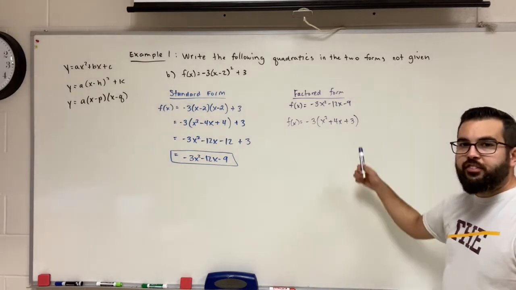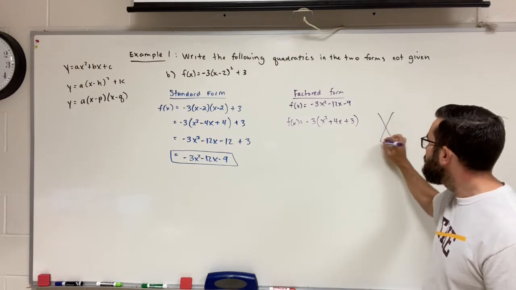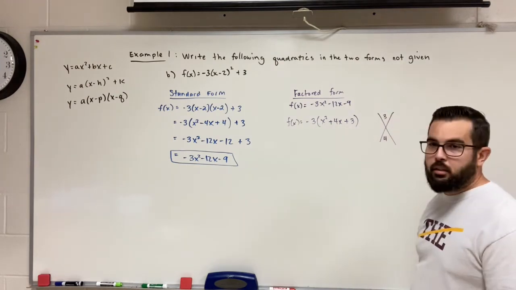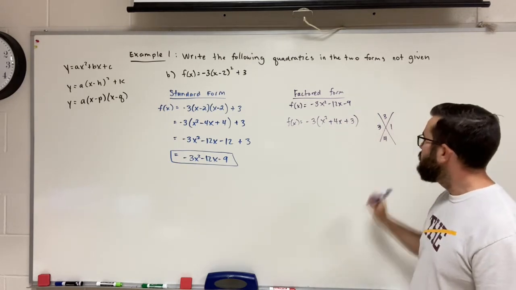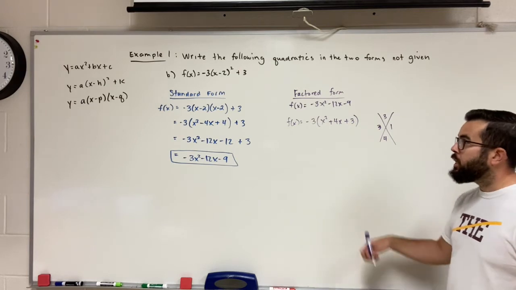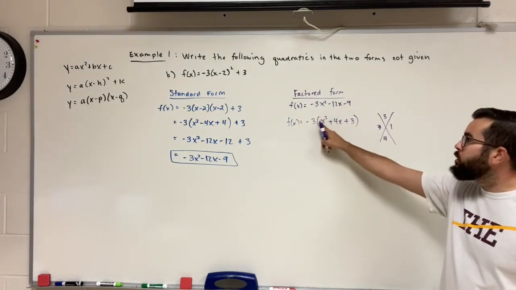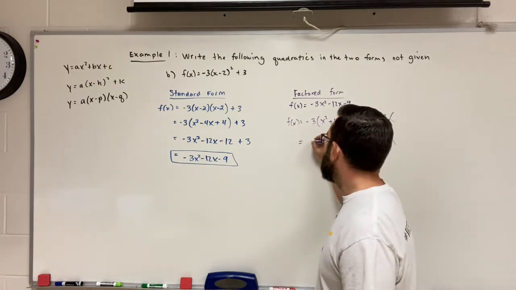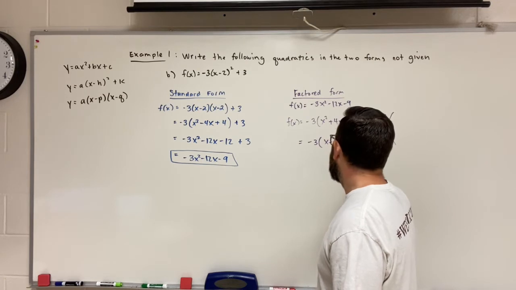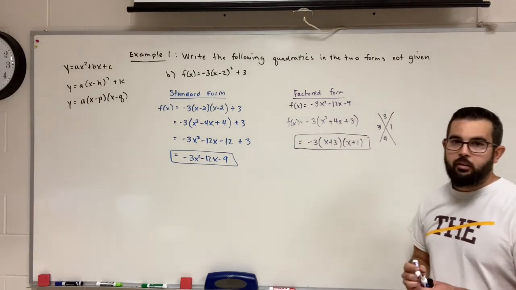Okay, so now I'm going to factor what's inside of the parentheses. So A times C is 3, adding to 4, so 3 and 1 are those two numbers. And again, I'm going to use the shortcut here because I have a 1 in front of my x squared. So I have negative 3 times x plus 3 times x plus 1. And now we're in factored form.